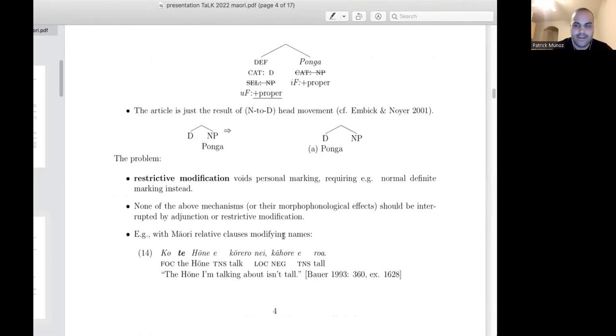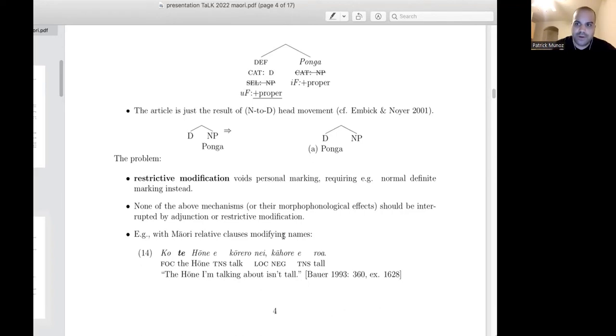that there's a problem with just these proposals by themselves, which is one of the most puzzling facts about this kind of marking: restrictive modification on the noun phrase blocks it. So the generalization is, and this is not just in Maori, it's in every language that does this that I'm aware of, and I'll show you some other examples.